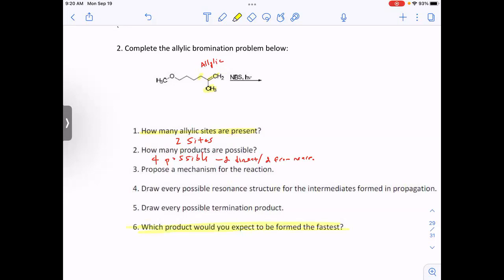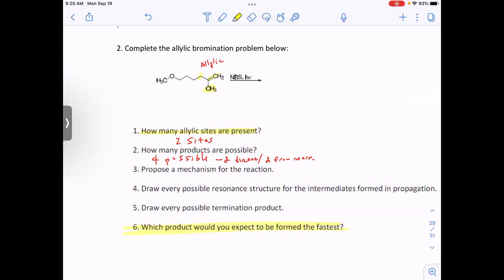If you watched the allylic bromination video, can you answer that question right now in a generic sense? If you're doing allylic bromination and you have these allylic radicals that you made in propagation, which product is going to form fastest in termination?